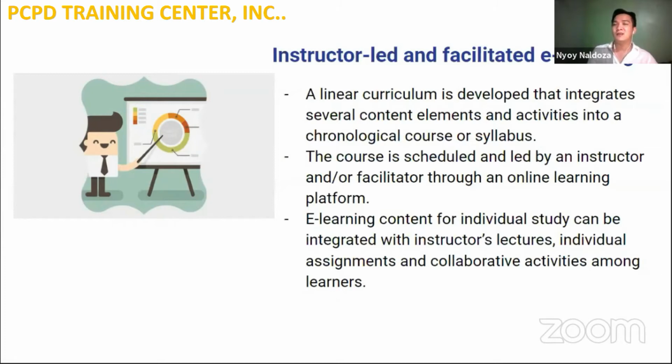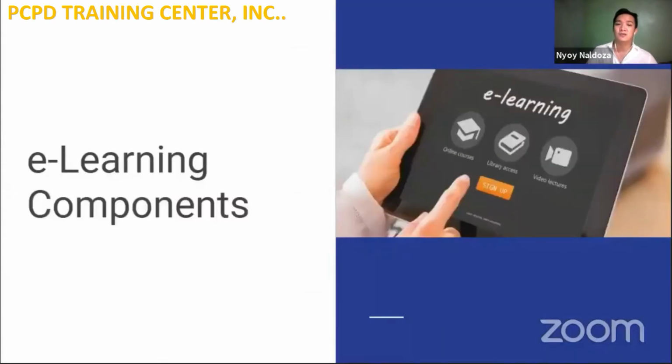An online learning platform would be a learning management system, which can be Google Classroom, or content management systems. So e-learning content for individual study can be integrated with the lectures of the instructors, individual assignments, and collaborative activities among learners.